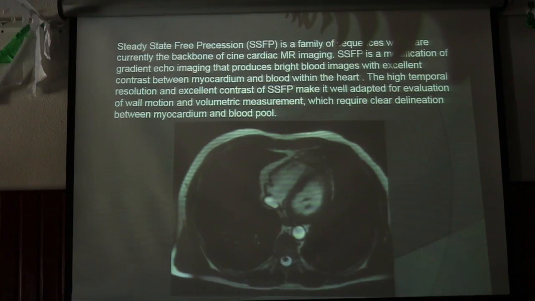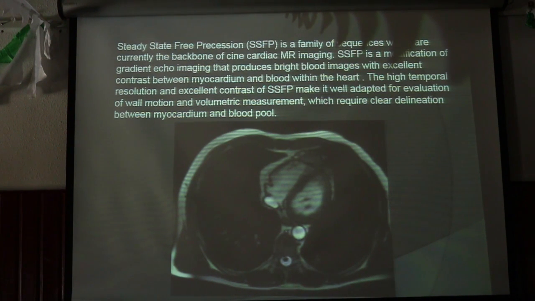Another sequence which is used in imaging of the heart is the steady state free precession. It's a family of sequences that are the backbone of cardiac MRI. They are modifications of gradient echo, therefore they produce a bright blood technique.